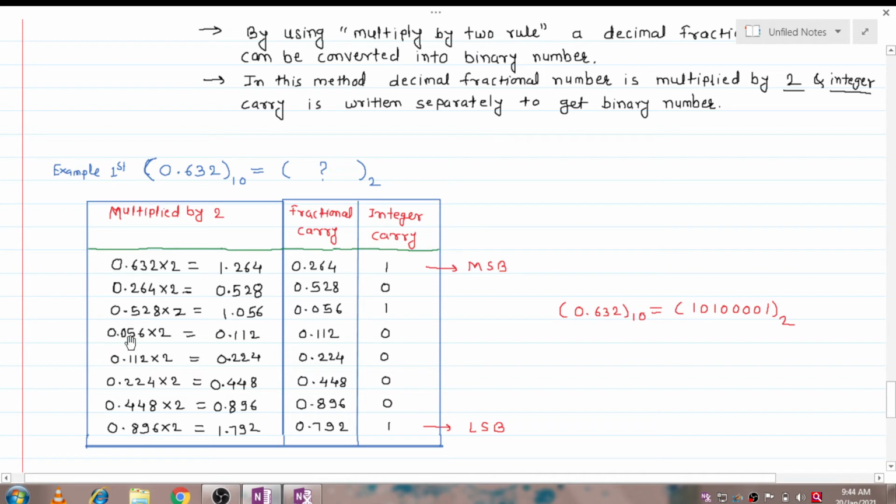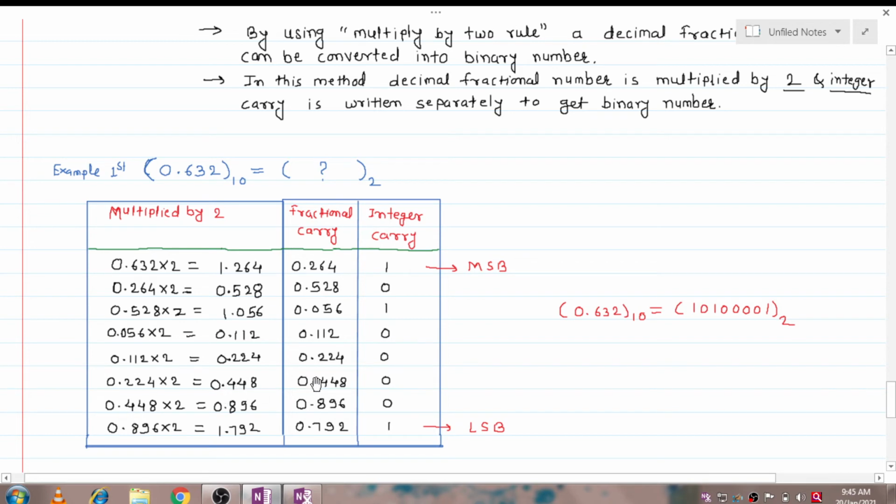Then 0.056 multiplied by 2 is equal to 0.112. This 0.112 is the fractional carry and the integer carry is 0.